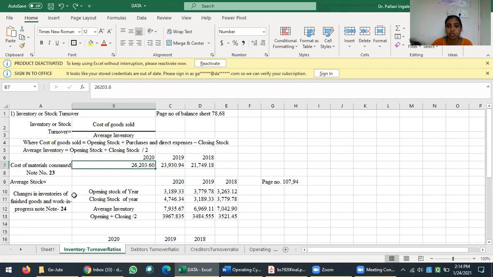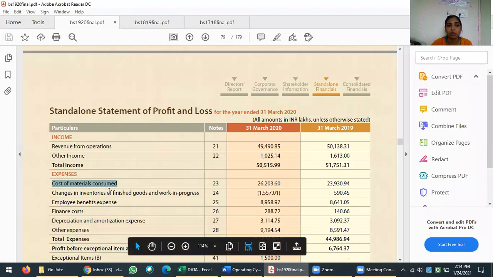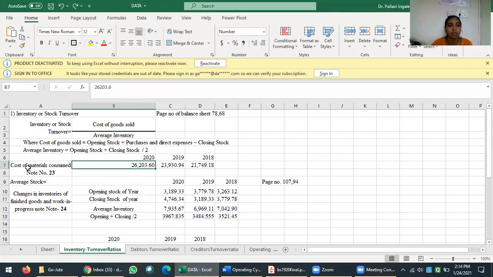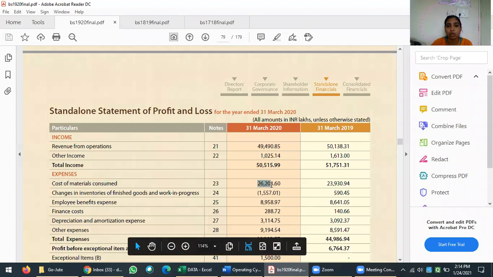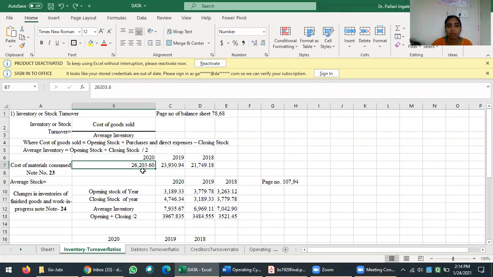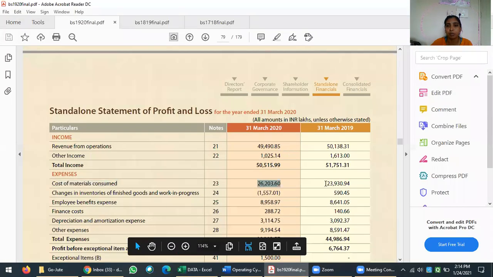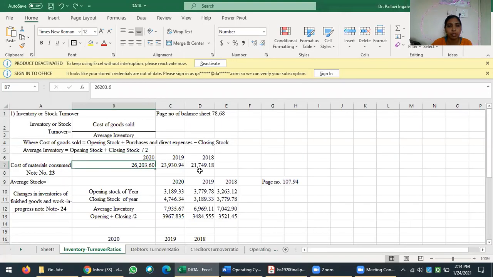If you see here, it is given 26,203.60. The same I have taken here for 2020. I will copy the same here. Here it is copied.